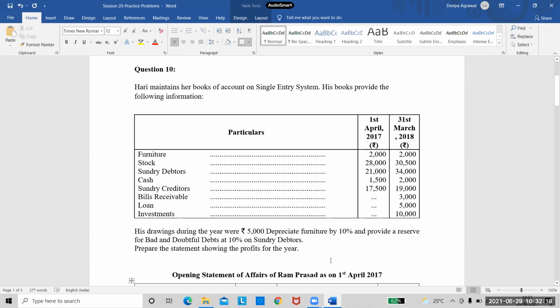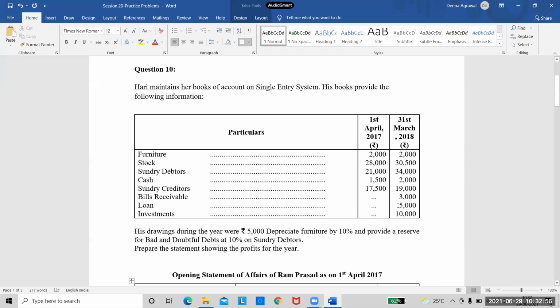The other day I was telling you, whenever it is depreciation, it should always be calculated on the opening balances. Currently in our problem, both opening and closing balances are the same, so it doesn't matter. But whenever depreciation is given, you should calculate the percentage on this 2,000 rupees, the opening balance. Sometimes these two balances might be different. So remember, depreciation is always calculated on opening balances, whereas reserve for bad and doubtful debts is always calculated on closing balances.